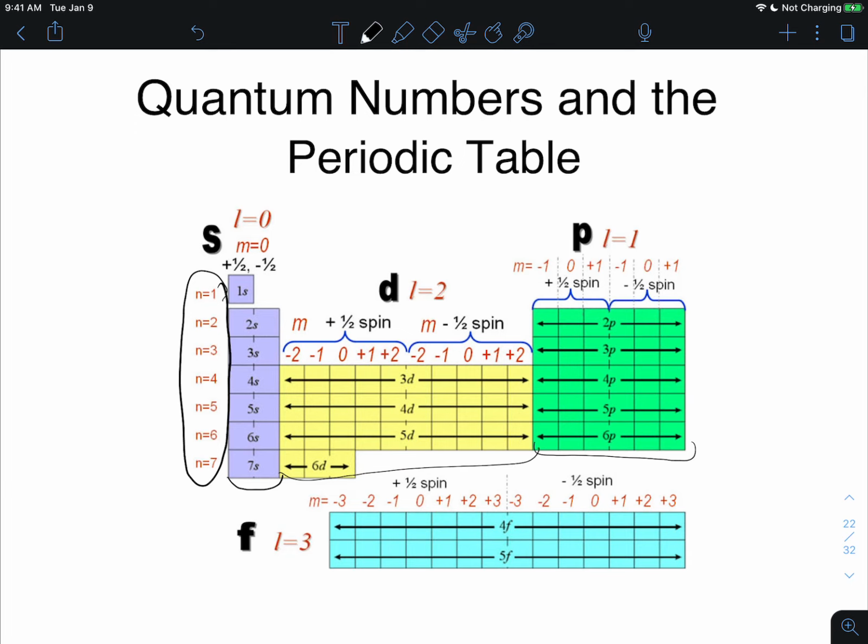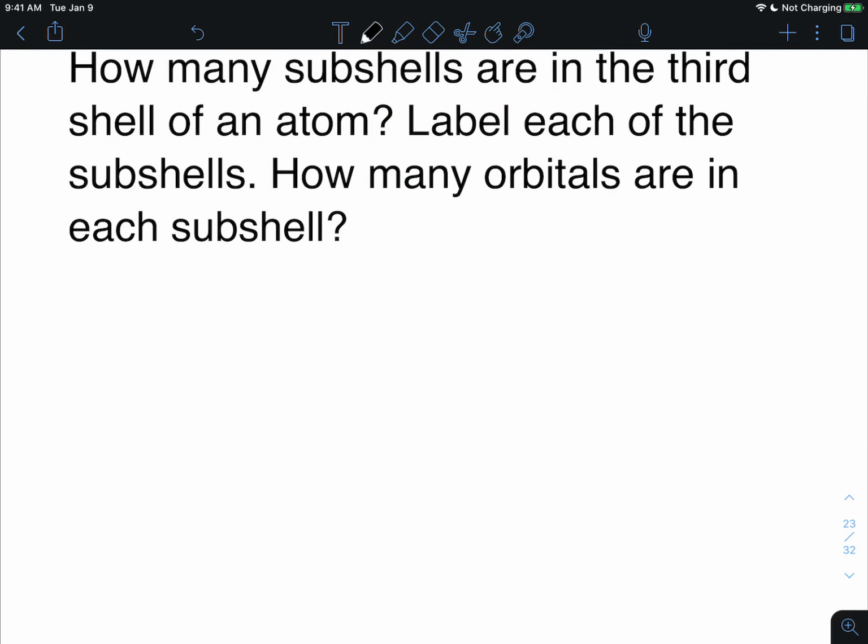Yellow, our outermost electron is in a d subshell. And then blue, our outermost electron is in an f subshell. We can use this additionally. We can write things down in order to figure out our m sub L values. And there's one other thing called the spin, which we're going to talk about in just a minute after we go over this example. So let's try this.